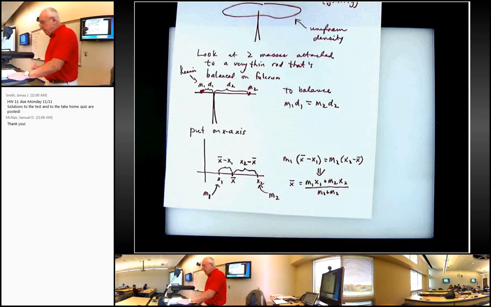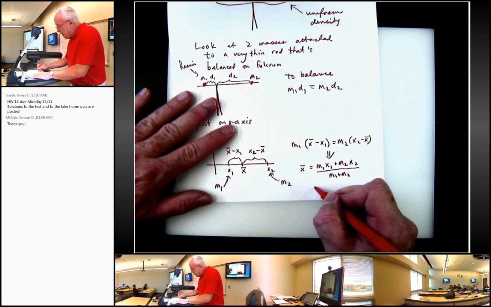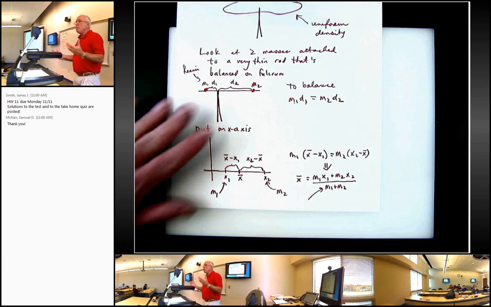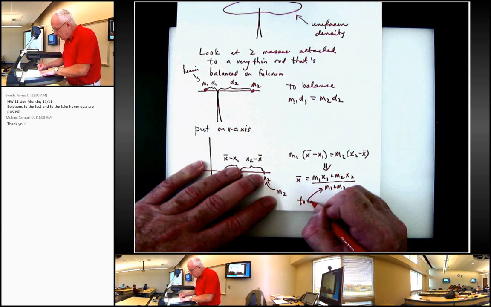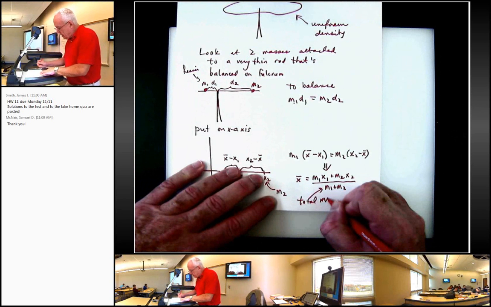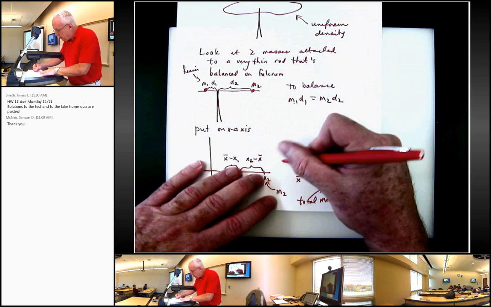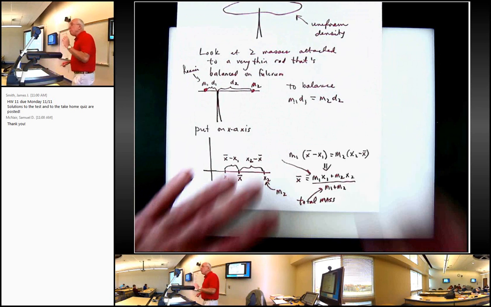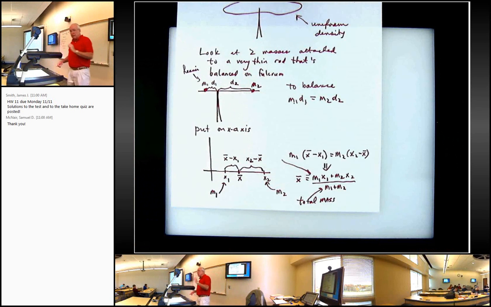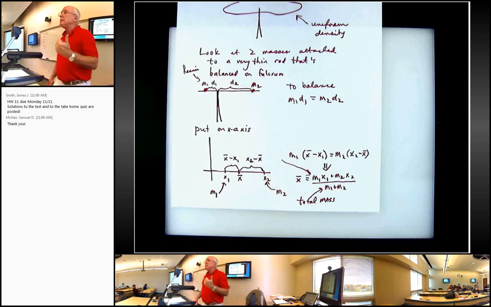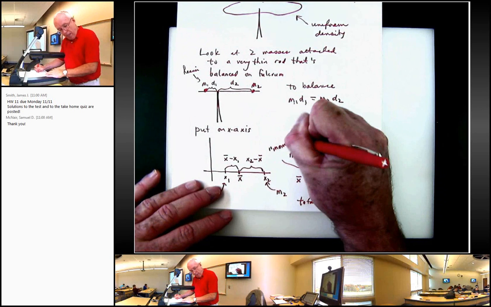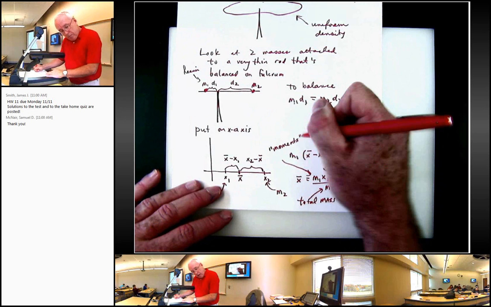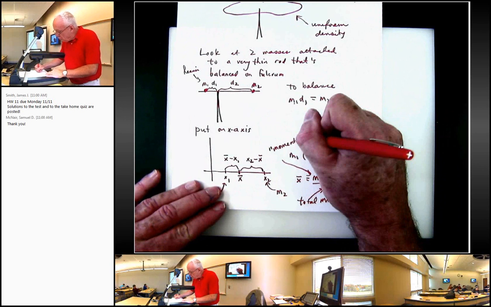Okay, what do we have here? This is the sum of both of our masses, so this is the total mass in the bottom. In the numerator here, this is called the moments of each x, the distance times its mass. So this is called the moments, or the total moments.